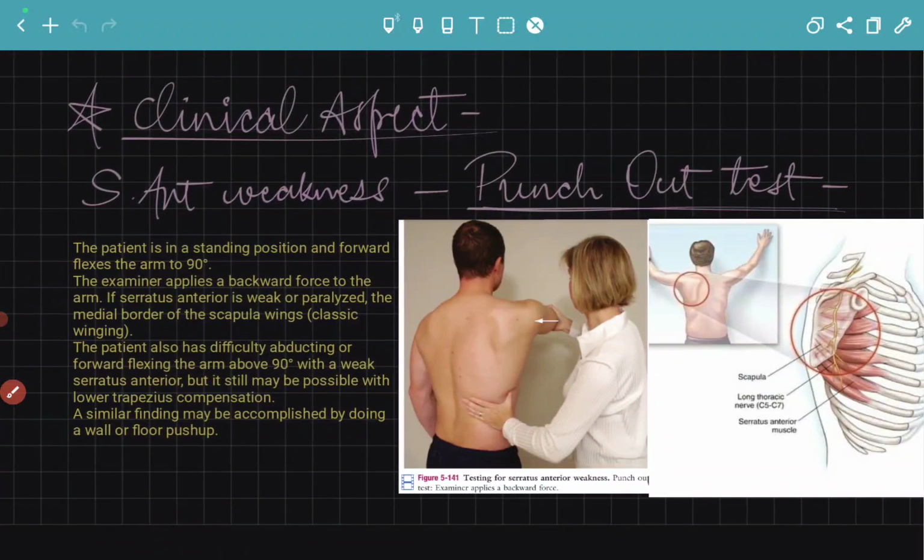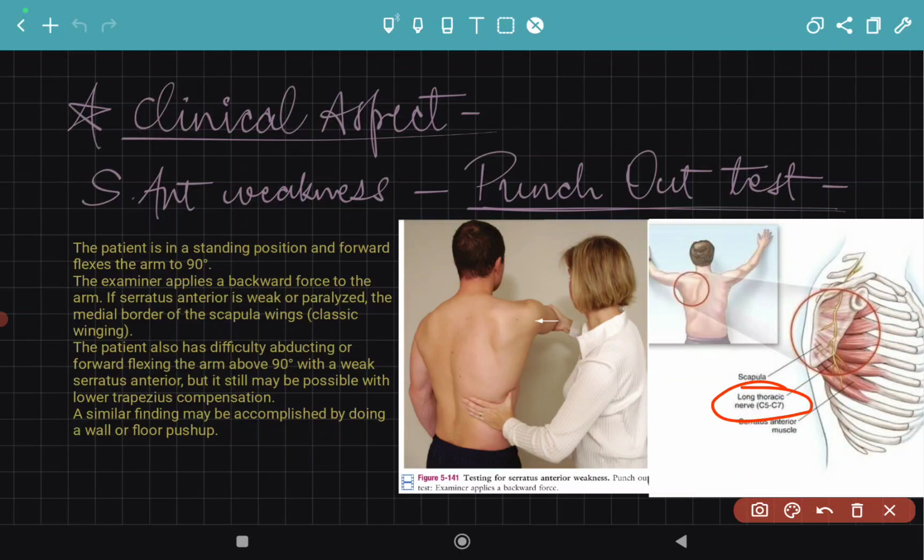Now let's have a look at the clinical aspect. As we know, the nerve supplying the serratus anterior muscle is the long thoracic nerve. So if there is an injury or some pathology to this long thoracic nerve, it may cause weakness or paralysis of serratus anterior.